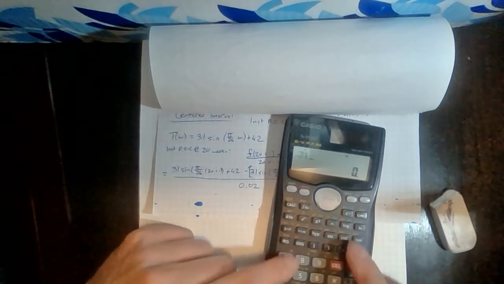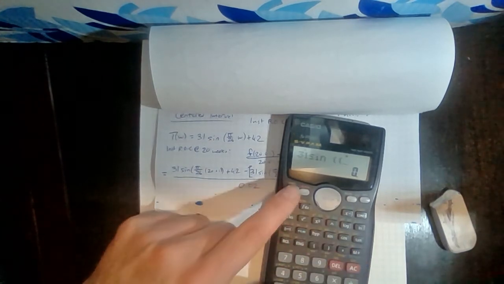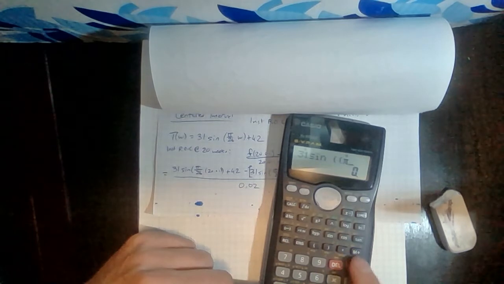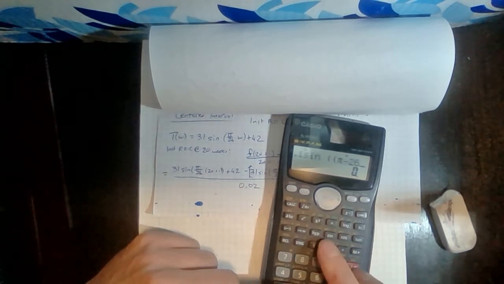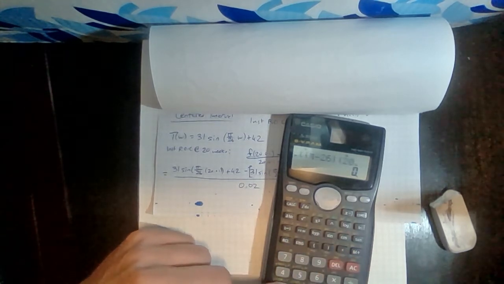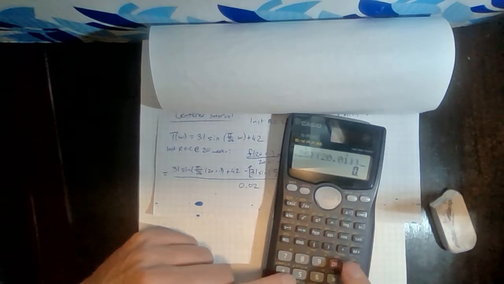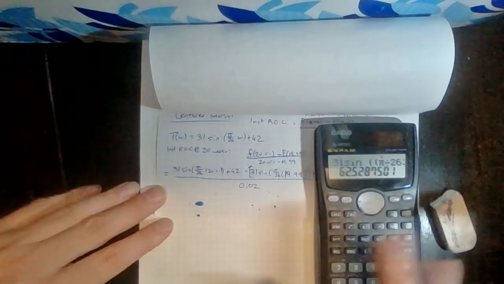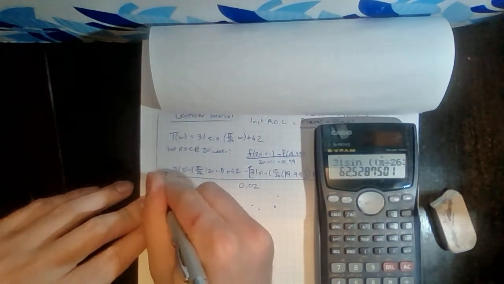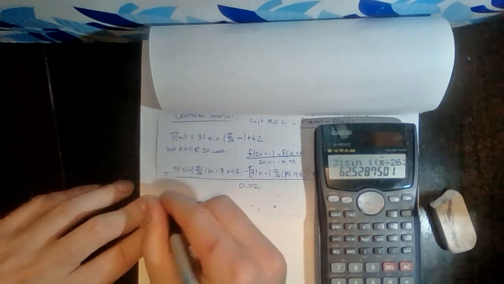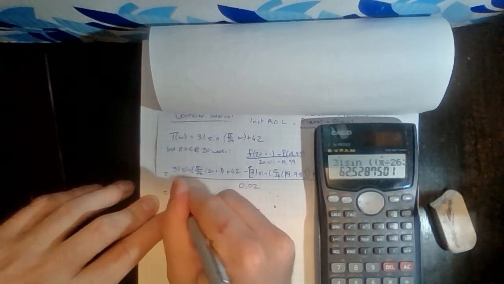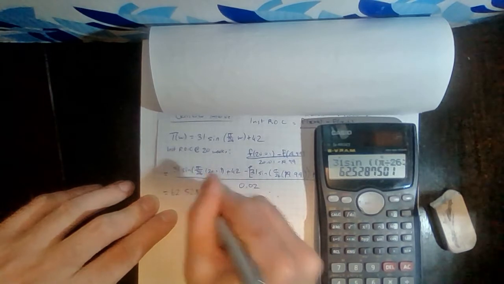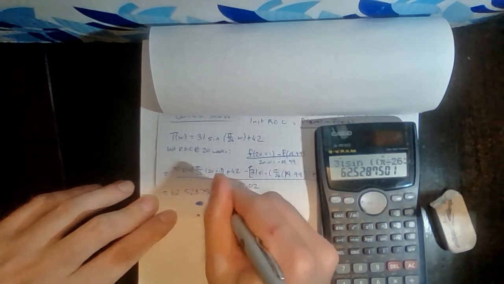31 sine pi divided by 26 times 20.01 plus 42. So t of 20.01 is about 62.52875001. Because we're dealing with numbers that are going to be so close to each other, it's good to use all of our decimals that we have available to us.